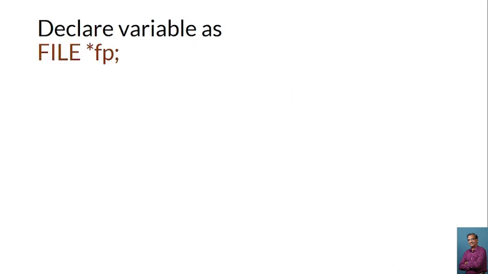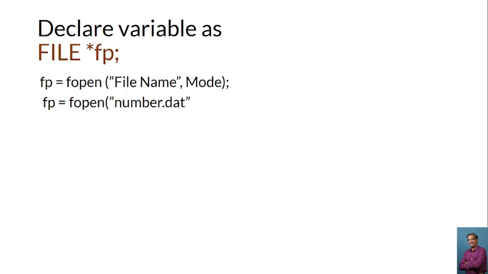Okay. Now to declare a pointer variable, we use FILE star fp. Then to open a file, we use fp equal to fopen, file name, mode.